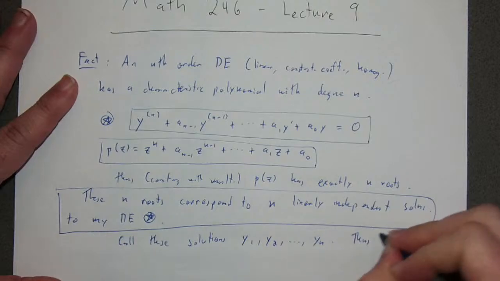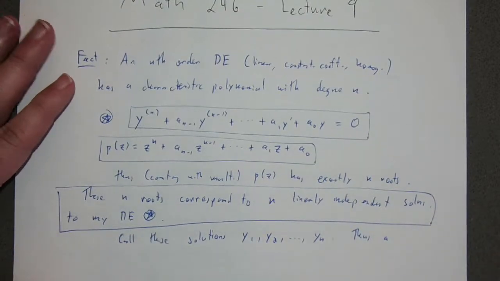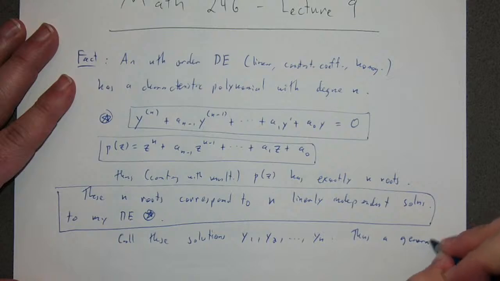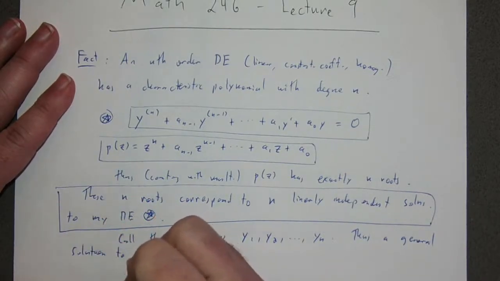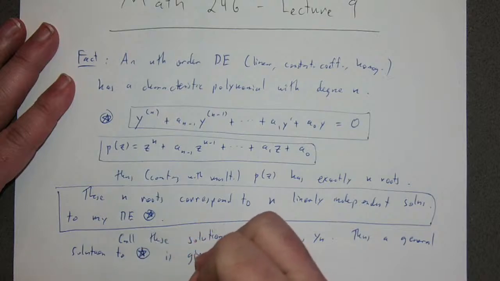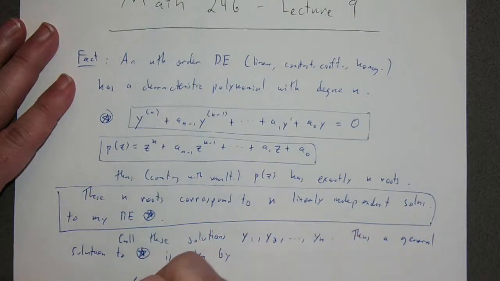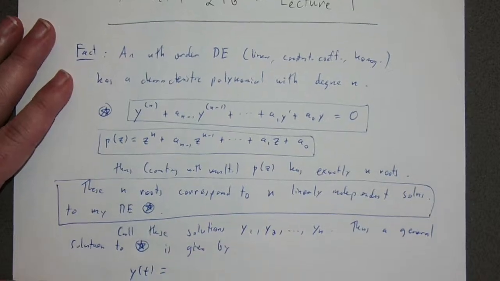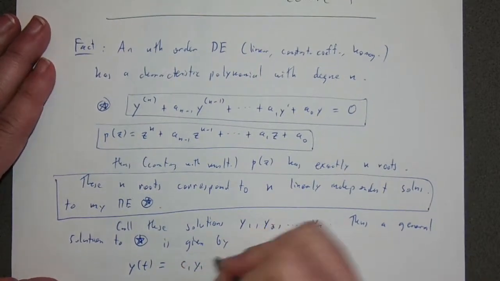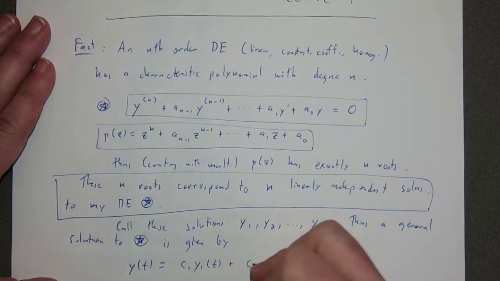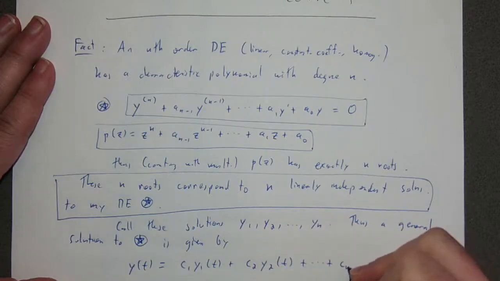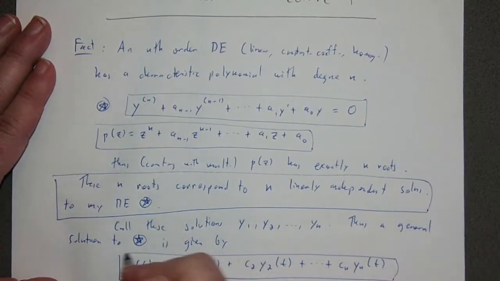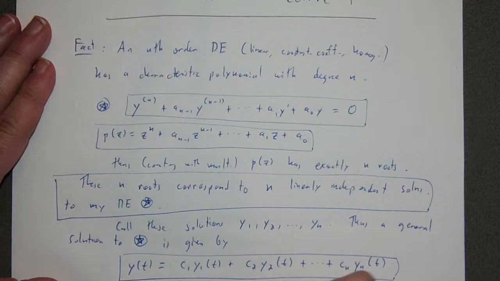Thus, a general solution to star is given by y of t is equal to c1 y1 of t plus c2 y2 of t, and so on, all the way out to cn yn of t, where the ci's are just arbitrary constants.